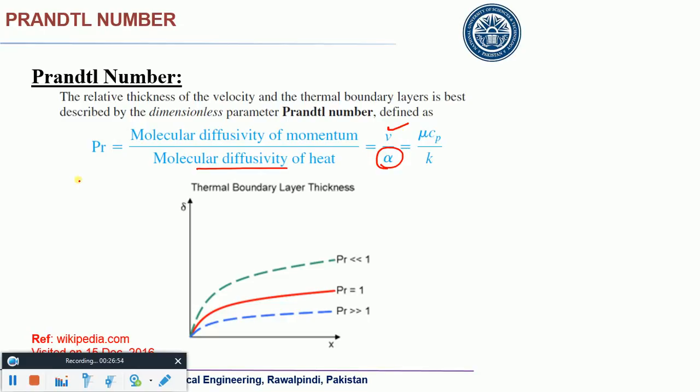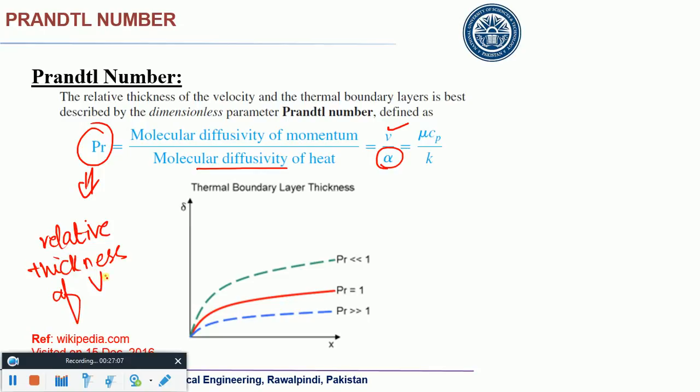Now see, what is the advantage? Basically, this parameter defines the relative thickness of the velocity boundary layer and the thermal boundary layer. This Prandtl number defines the relative thickness of the velocity boundary layer and the thermal boundary layer.